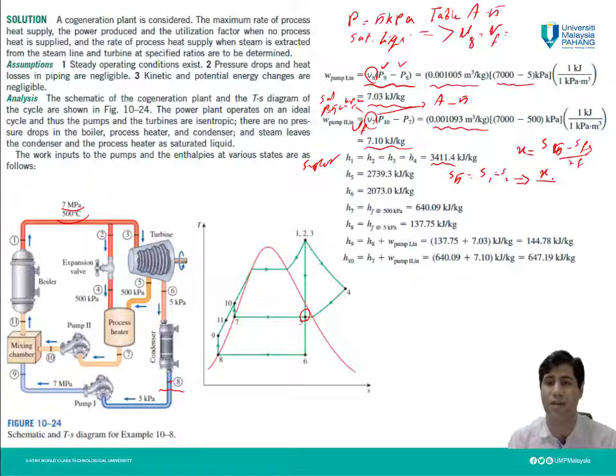You can find X, then you need to use the equation for H, where H5 is equal to Hf plus X Hfg. Simply, you can find H5. With the same procedure, using these 2 equations, you can find H6.